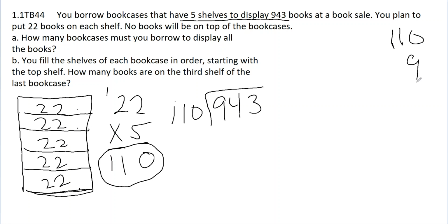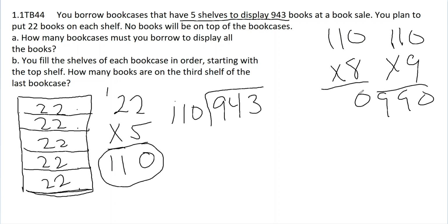Let's see what we end up with. 990. So too many. So we need to go back down to 8 bookshelves. 8 times 110 is 880.